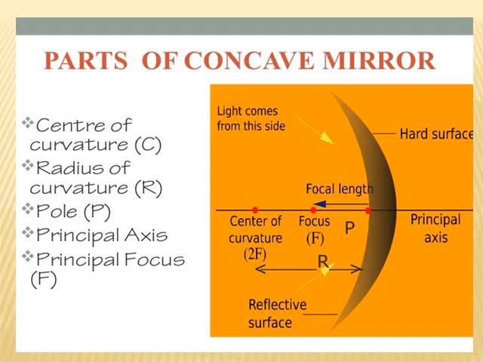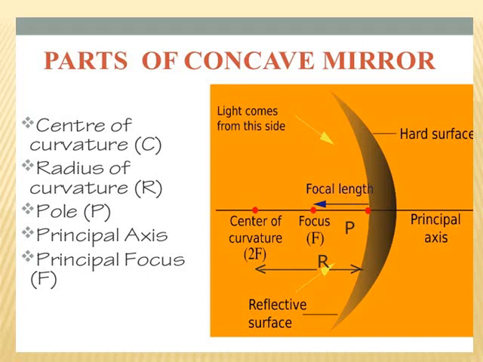And on the principal axis, you have three red colored dots. The dot which is on the mirror represents the pole of the mirror P, and to the left of it you find another red dot, and that represents focus, or we call it as principal focus. And the next one is the center of curvature.